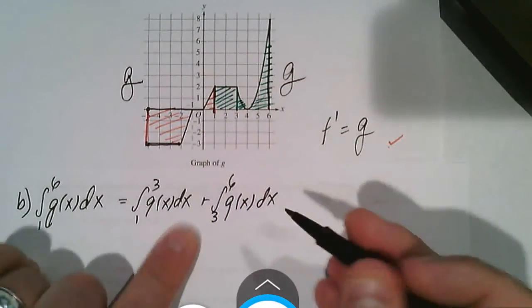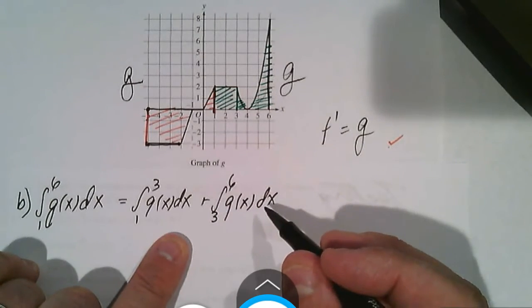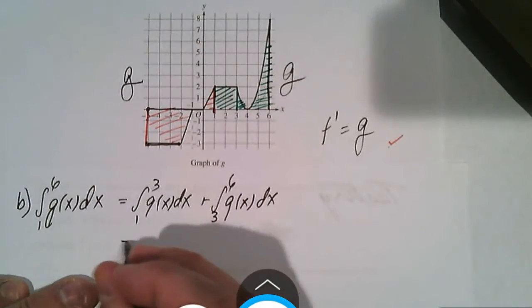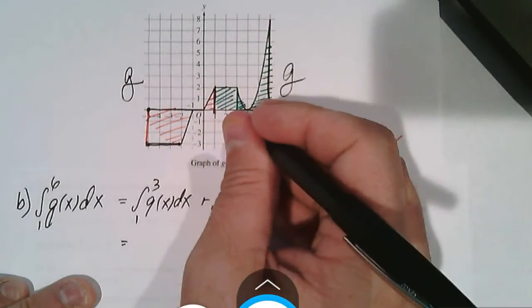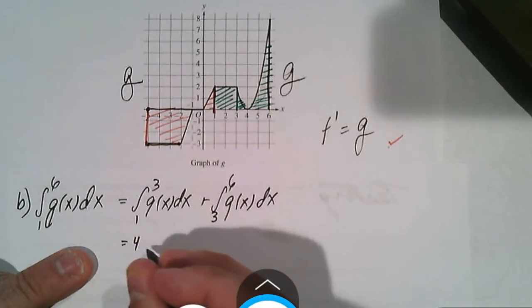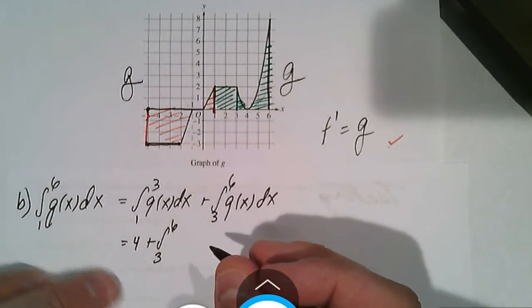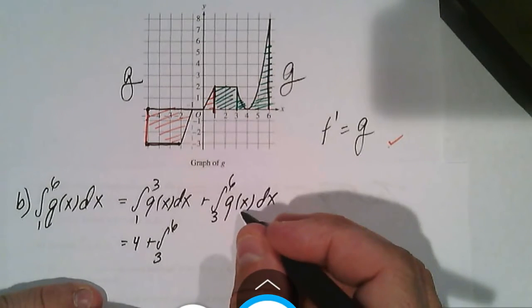The reason why I'm going to break it up in this way is that the area from 1 to 3, well, that's just a square. I can find that easily enough. The base is 2, the height is 2, I get an area of 4, plus the integral from 3 to 6 of g of x.